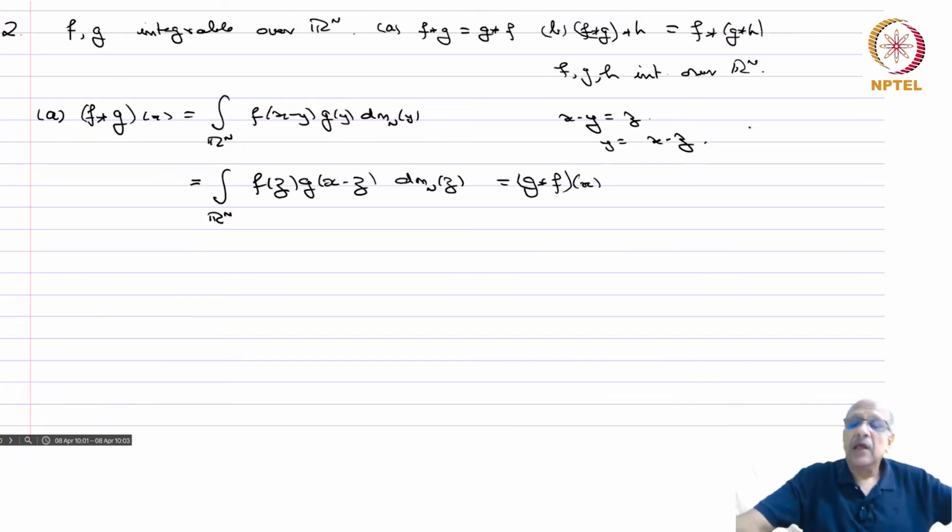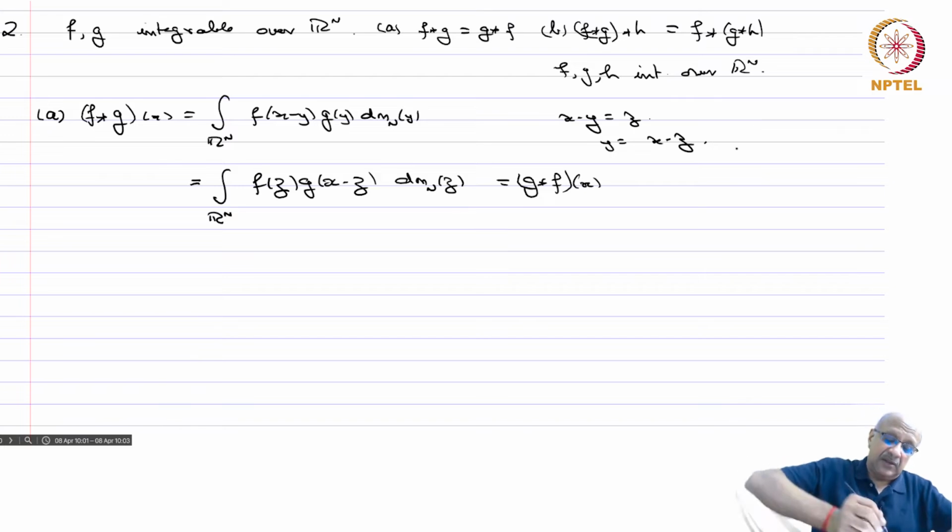We have seen that if you translate a function and then integrate, it just integrates over the translated domain. But here we are integrating over R^n, and therefore the translated domain is the same.